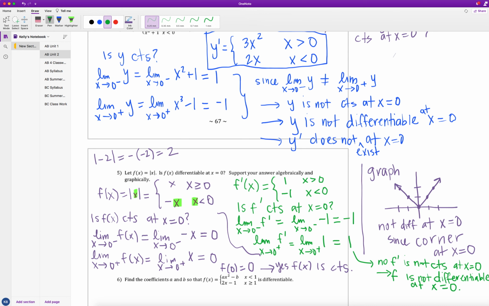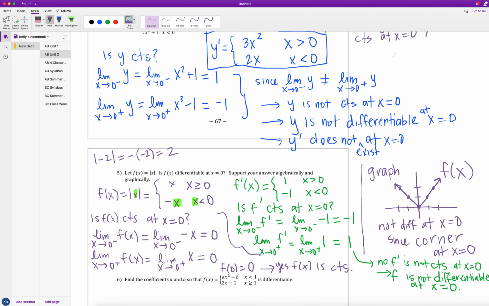And of course, this algebraic approach took a lot more work than us just being able to look at a graph and saying, oh no, since there's a corner there, my function cannot be differentiable. One thing I do want to make clear, this is a graph of the original function. This is a graph of f of x, that absolute value, not a graph of the derivative.